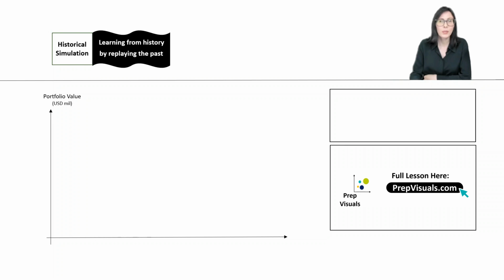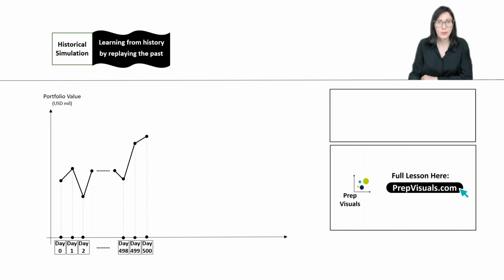Let us assume that we have the historical data for portfolio value starting from day 0, day 1, day 2, and all the way until day 498, day 499, and day 500. The historical data, namely these 501 data points, will be the basis of what might happen on day 501.